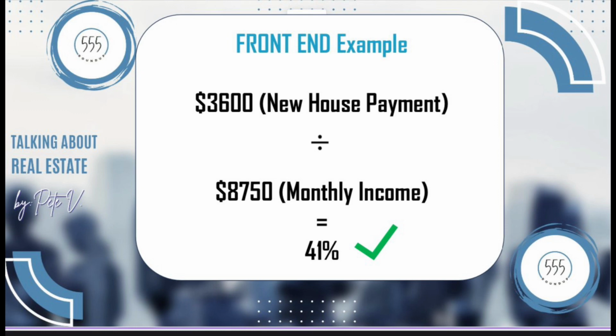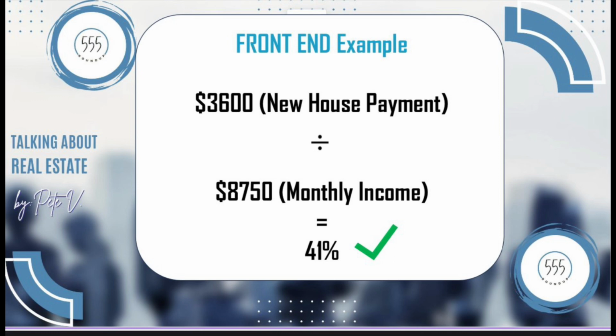8750, which I believe is going to be kind of the bottom line. I don't have my calculator open, so let me open up my calculator. All right, so real easy. 3,600 divided by 8750.